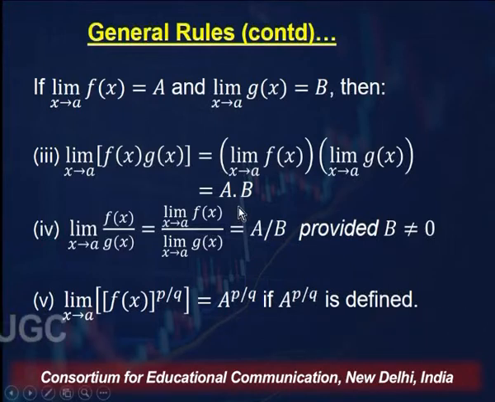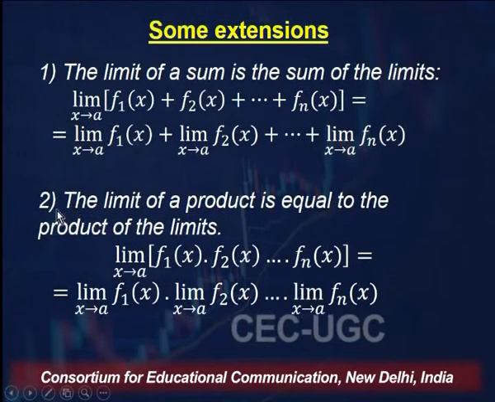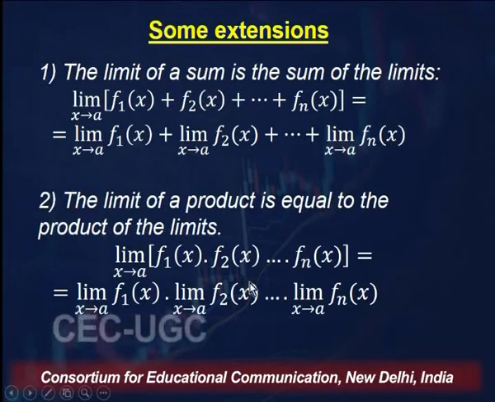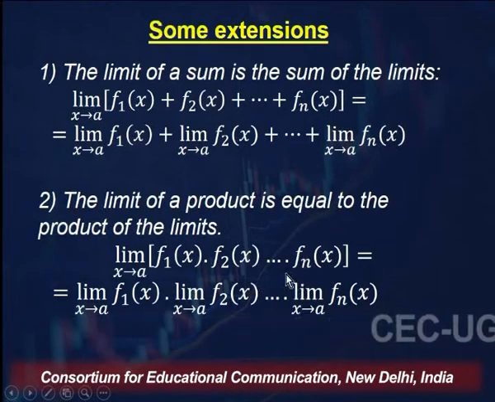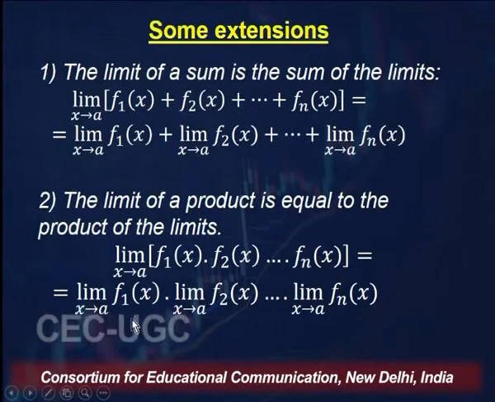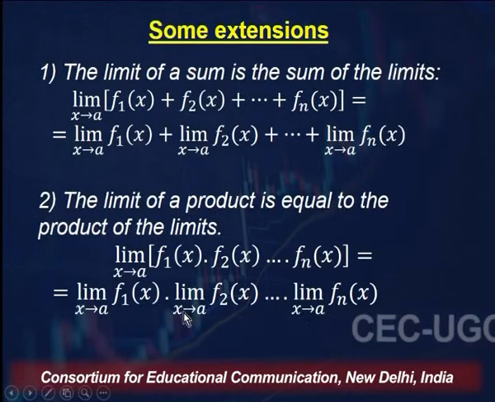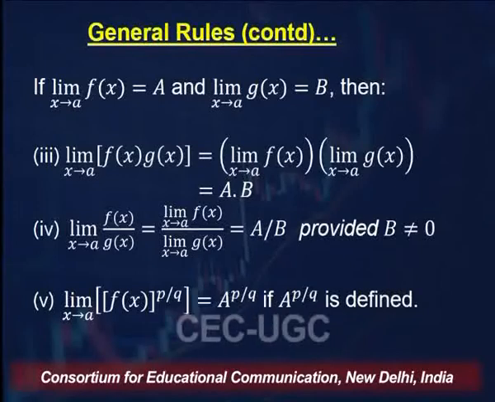This rule can also be generalized to n functions, and you can see here in bullet point 2, I have taken the product of these n functions, f sub 1, f sub 2, and so on till f sub n, and the limit of this product as x tends to a is the product of the individual limits. You can see it's the limit of f sub 1 as x tends to a times the limit of f sub 2 as x tends to a, and so on till the limit of f sub n as x tends to a.